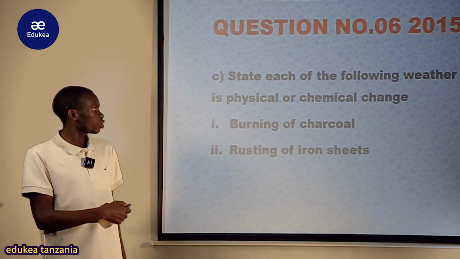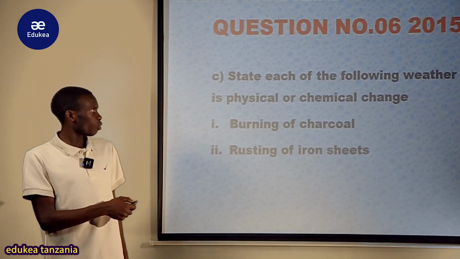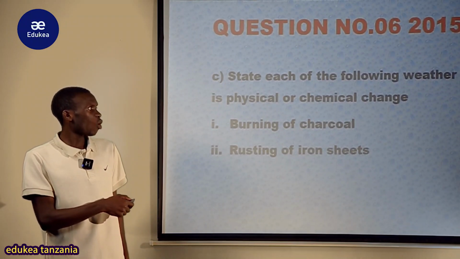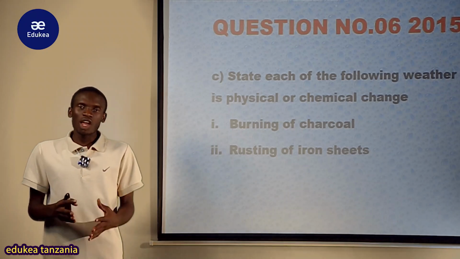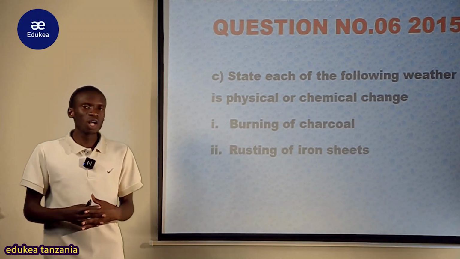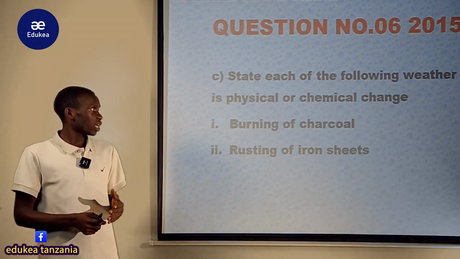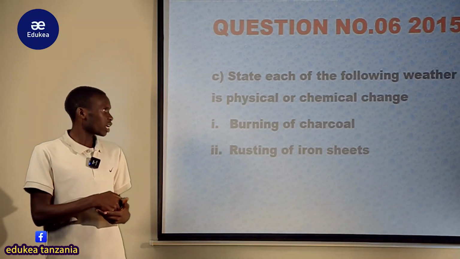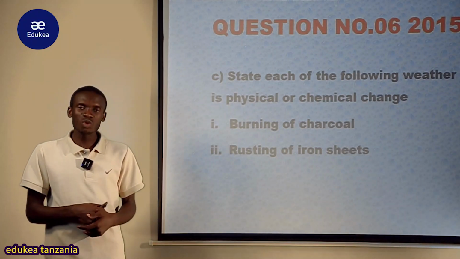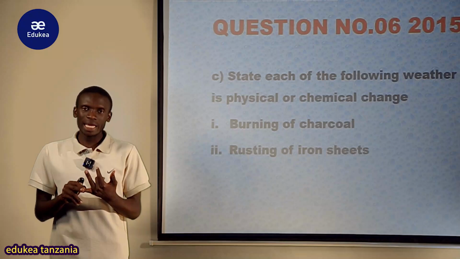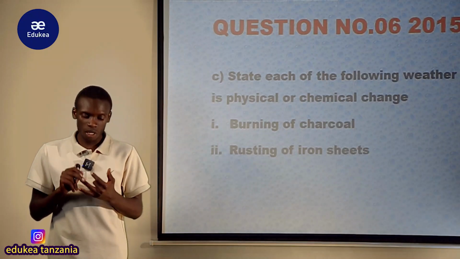Then C was: state each of the following whether it is a physical or chemical change. C yake ilikuwa inataka kwamba ustate kama hii ni chemical change au ni physical change. So mwanafunzi bidi ajue physical change ni kitu gani na chemical change ni kitu gani.